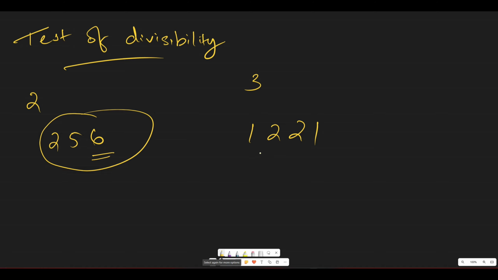See, the sum of digits, 1 plus 2 plus 2 plus 1. That is 2 plus 1 is 3, 3 plus 2 is 5, 5 plus 1 equals 6. And this is divisible by 3. So the number will be divisible by 3.